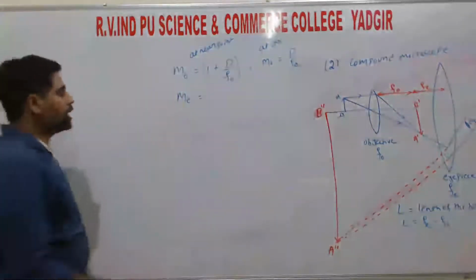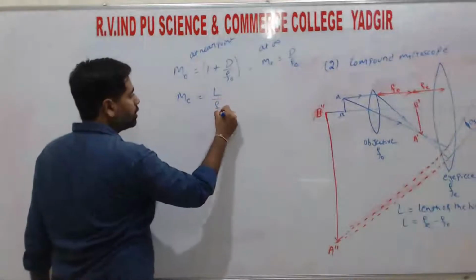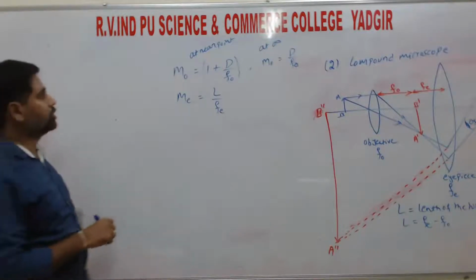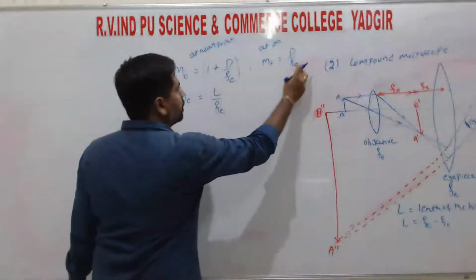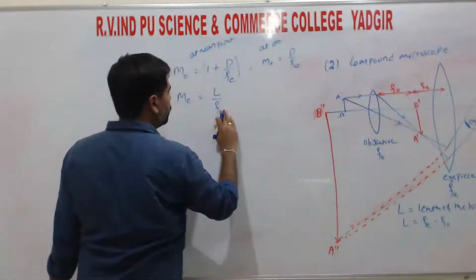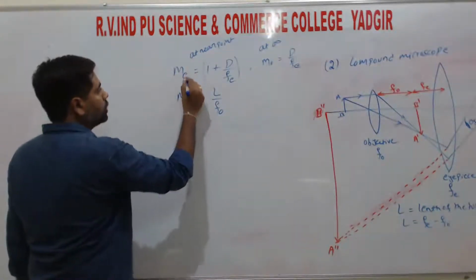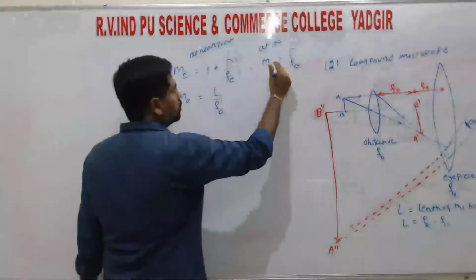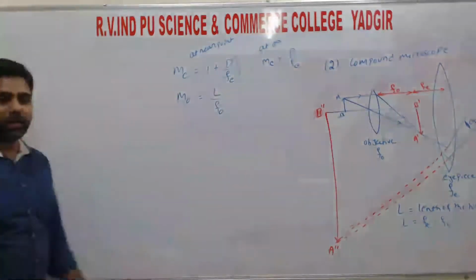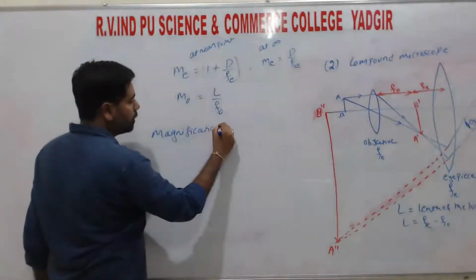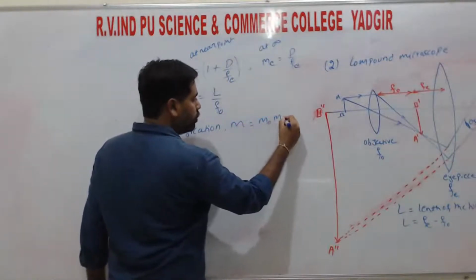Next, ME is equals to L by FE. This is for FE. So the magnification, if we write, M is equals to MO into ME.